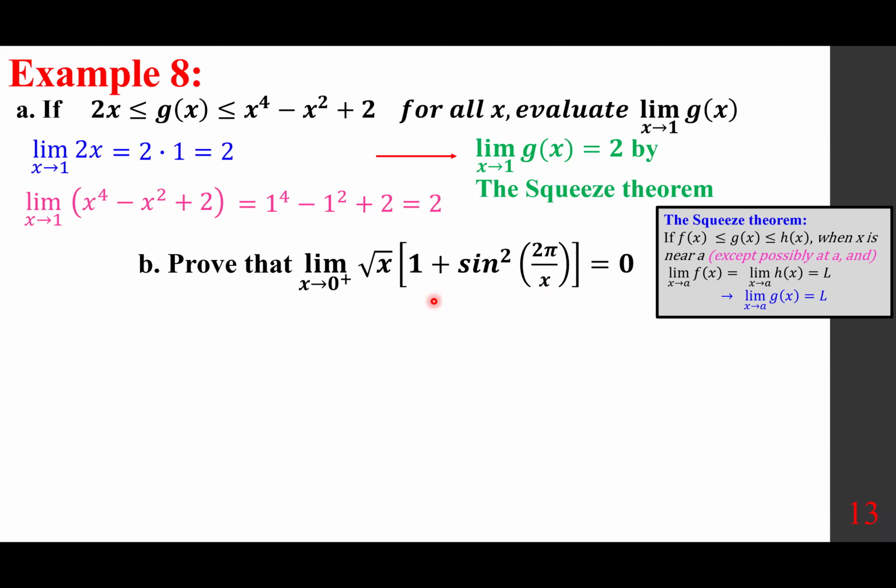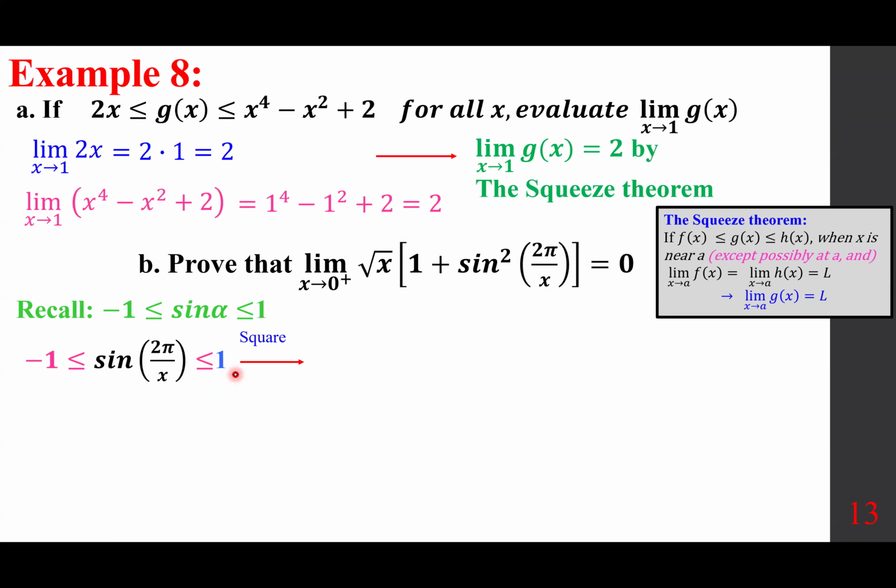To come up with this expression, anytime you have sinusoidal functions, you can use the trick that sine of alpha is always between -1 and 1. That means sine of anything, alpha, x, y, z, therefore sine of 2 pi over x is also between -1 and 1. Now we want to square both sides.